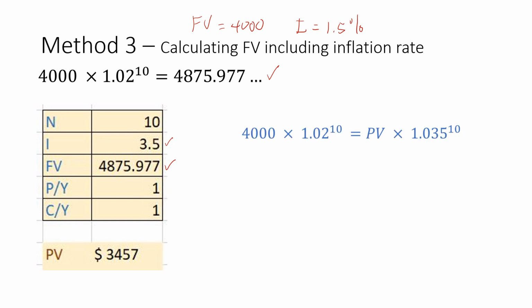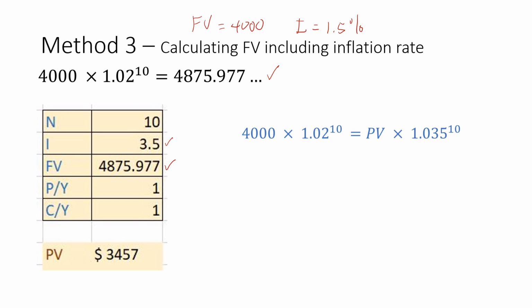Or you can say also that our future value that includes inflation rate is equal to whatever is the present value compounding yearly or annually by 3.5% interest. So here you can use your numerical solve. You can choose any variable for PV.